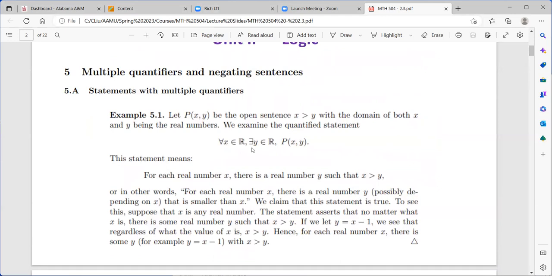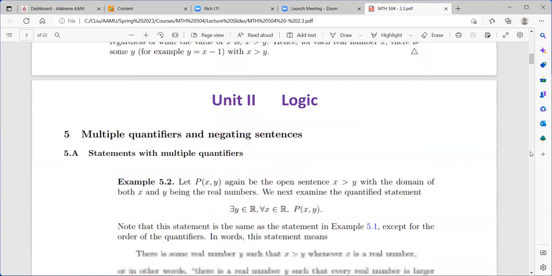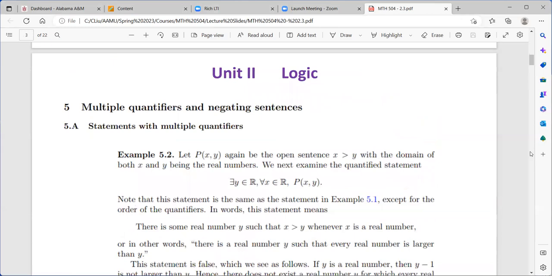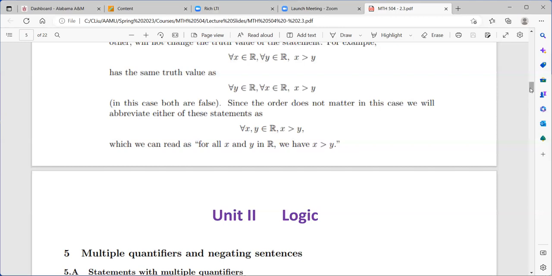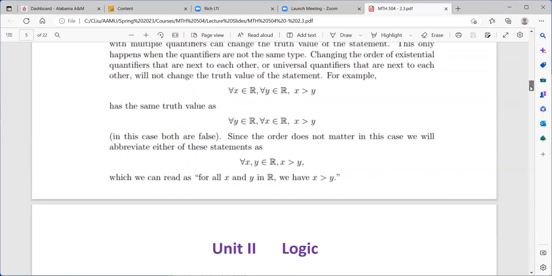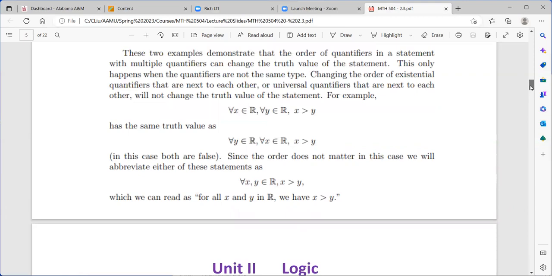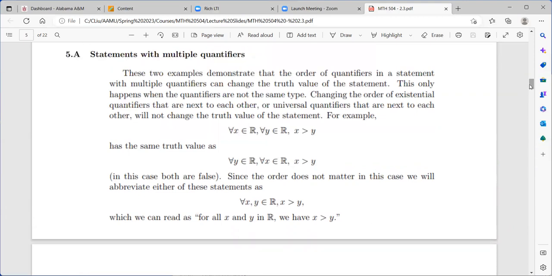We used both quantifiers in the previous example, and switched the order of the quantifiers, and we see they're not the same.